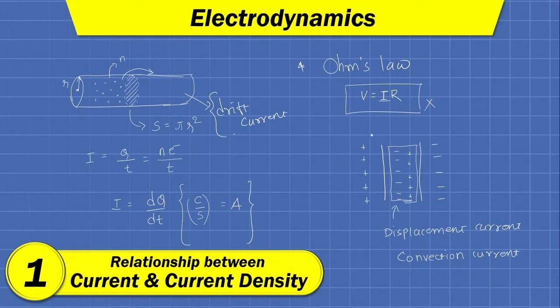But to determine such kind of current in different materials and different media, the most useful form is current density rather than current. So for that reason we need to learn the current density and the relationship between current and current density.